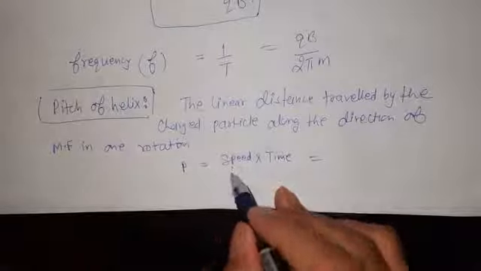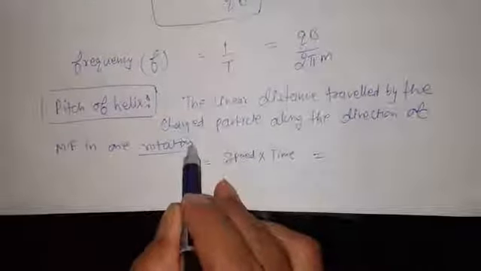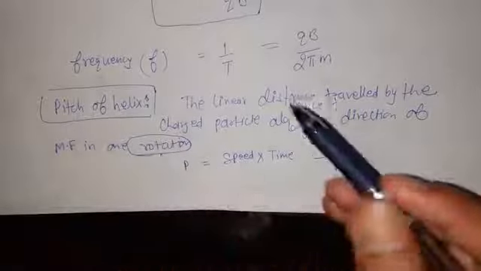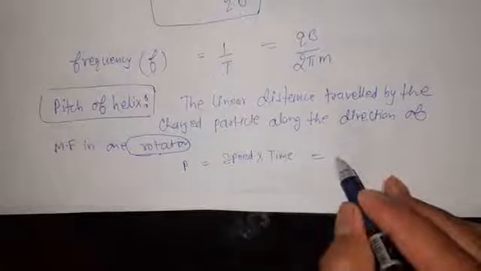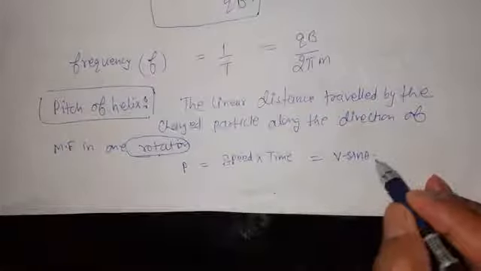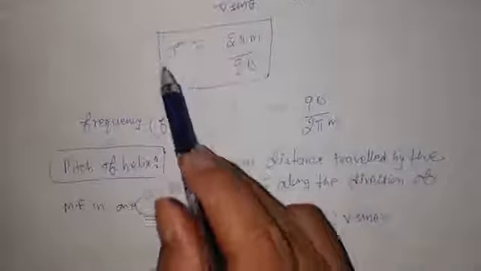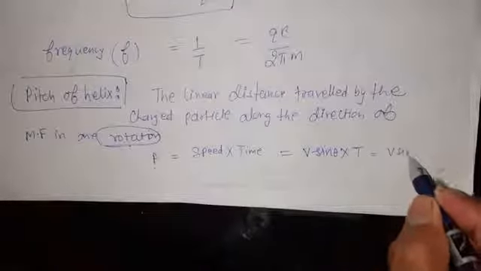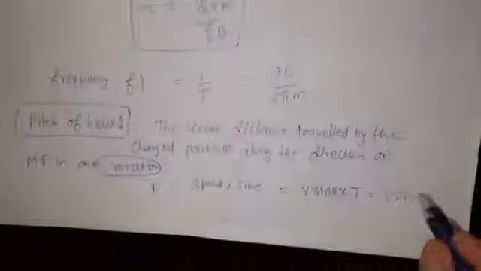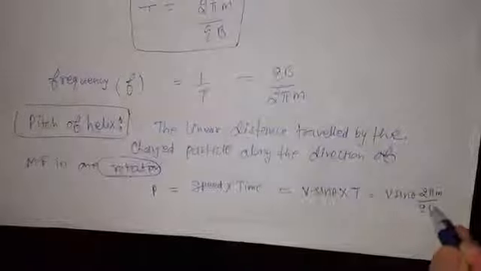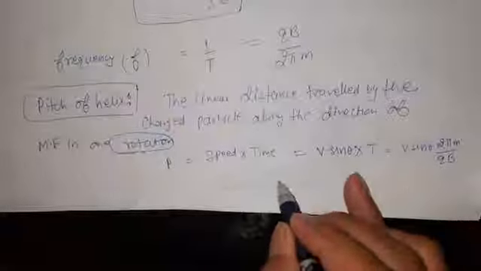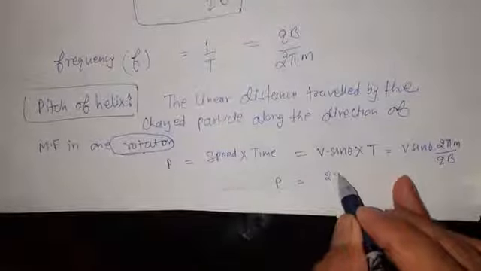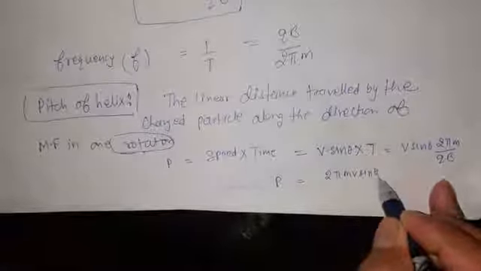Here we are talking about one rotation. For rotation we have the circular path, and the component of velocity in the circular path was v sin theta. So it is v sin theta into the time taken for one complete round, which we calculated as the time period T. The value of T is 2 pi m by qB, so pitch is equal to 2 pi m v sin theta upon qB.